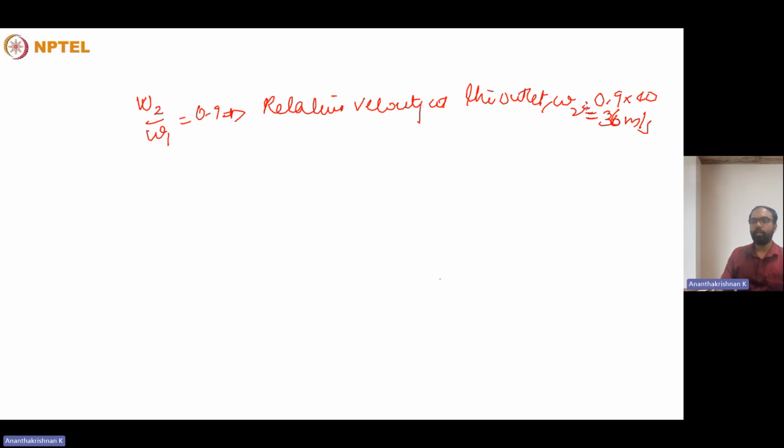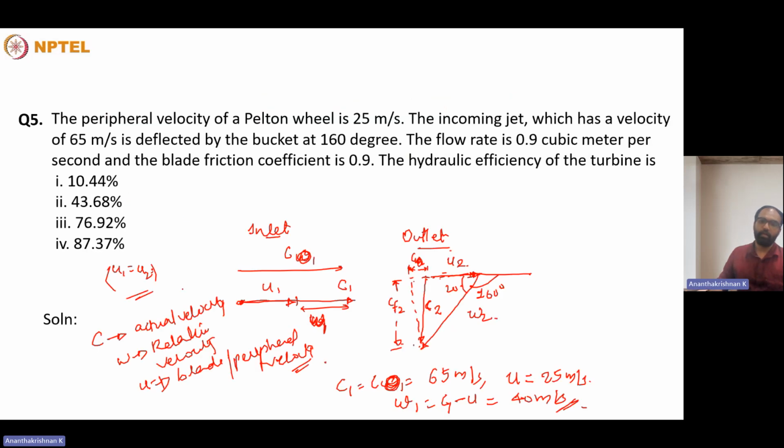Correspondingly, from the velocity triangle, we can determine the tangential component C theta 2. C theta 2, we can determine from the value of blade velocity as well as the horizontal component in this right angular triangle.